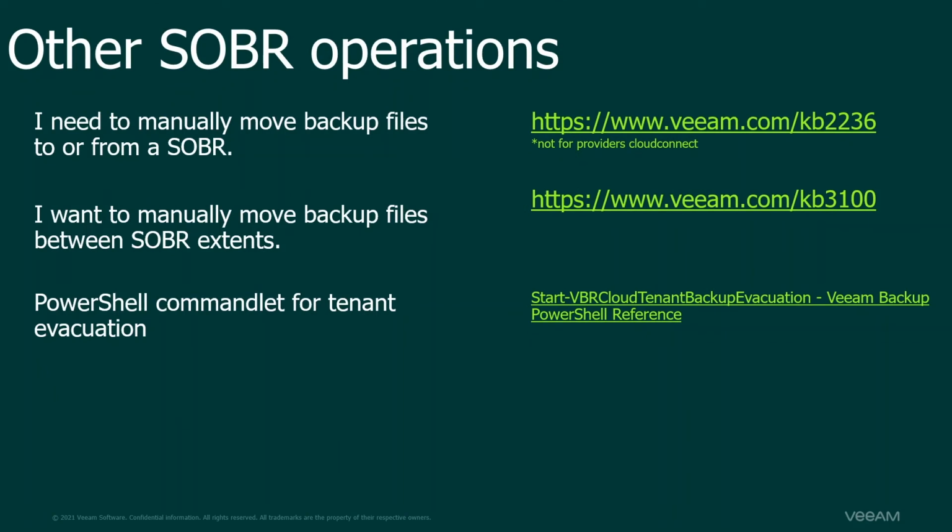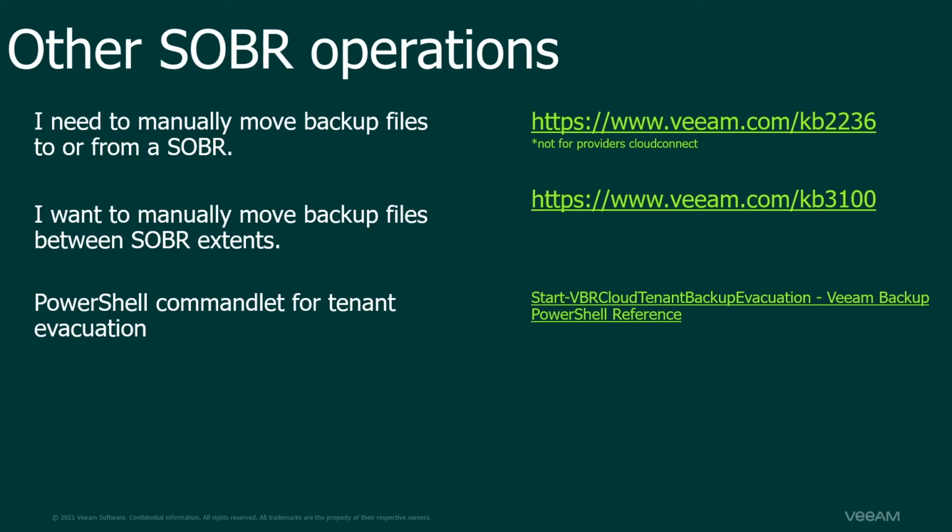Of course we have some other scale-out backup operations as well, such as manually moving backup files to and from a scale-out backup repository. We have a KB article for that, KB article 2236, but that's not applicable to Cloud Connect. For Cloud Connect we have a different KB article, KB article 3100, if you want to move backup files manually between scale-out backup extents.